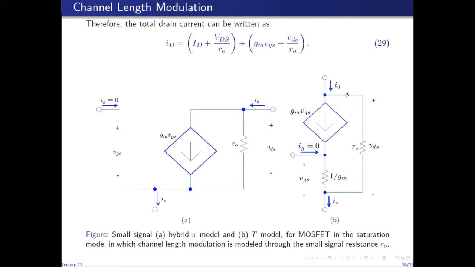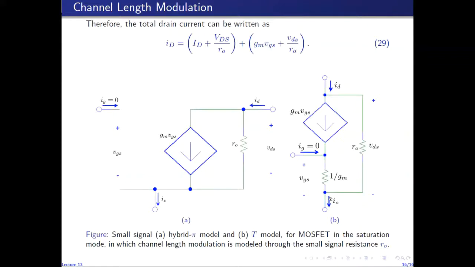Similarly, we can augment the T model as well. So again, gate current is 0, which means that the drain current is equal to the source current. However, now the drain current is the sum of two components. So GM VGS plus this ohmic component, VDS divided by R naught. Since VDS is the voltage across R naught, VDS divided by R naught gives us the current through R naught, which when added with GM VGS gives us the total drain current.